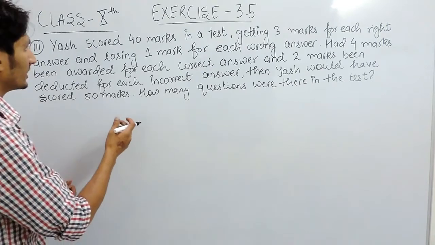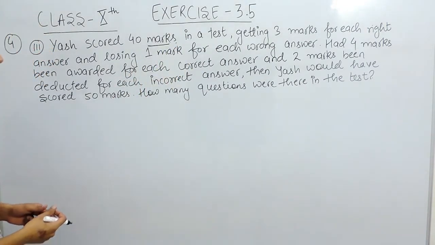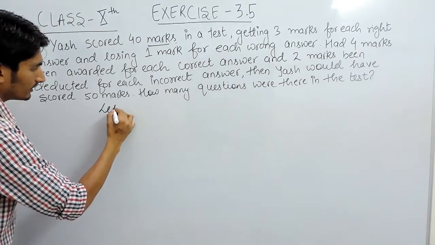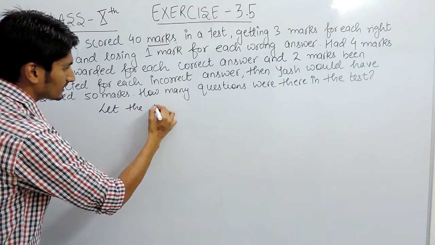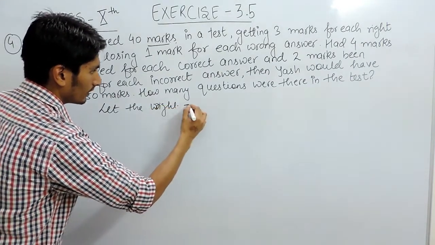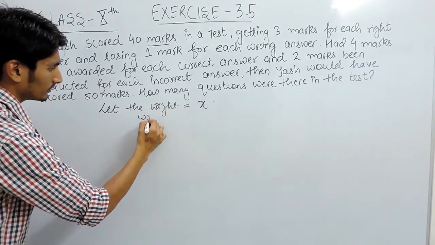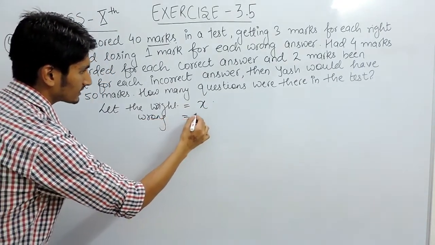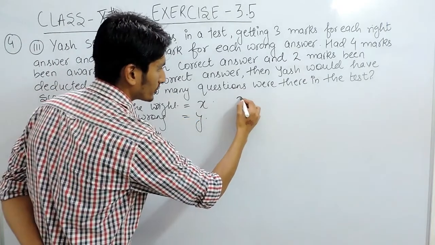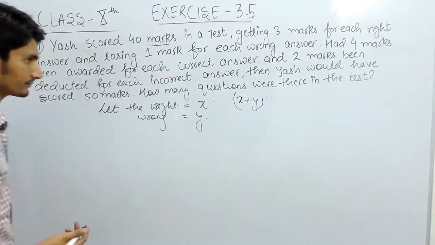Obviously, Yash has marked some questions as right and some questions as wrong. So suppose the right answers he scored is x and wrong answers he scored is y, and the total number of questions he attempted is x plus y.